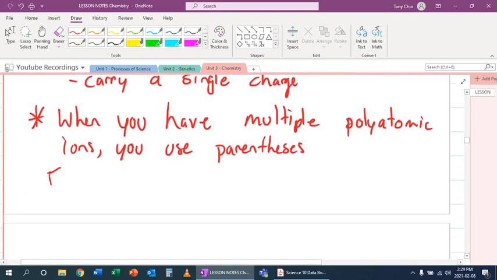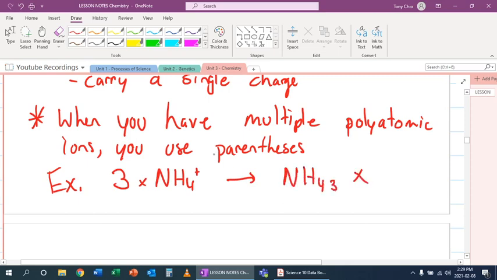So an example of that would be, let's say you have 3 NH4s, okay? You have 3 of them. To write this, you do not write NH4 3. That's incorrect. Why? Because someone might mistake it that there's 43 hydrogens. What you do is you write NH4, parentheses, 3. This is the way to show that.